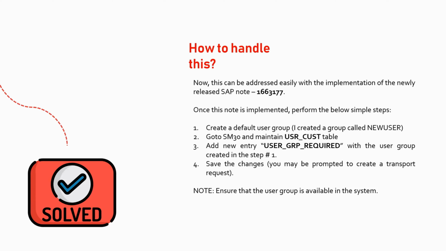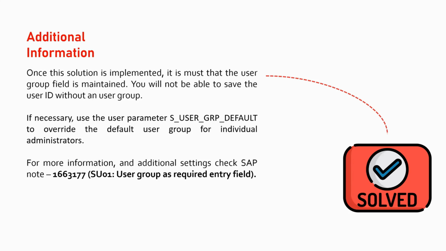You can create that, make these changes in your development system, and then transport. But remember, the user group is not transported, so you have to manually create those user groups in the individual systems. But whatever customization you have done in the USR_CUST table is completely captured in a TR and can be transported to the other systems.